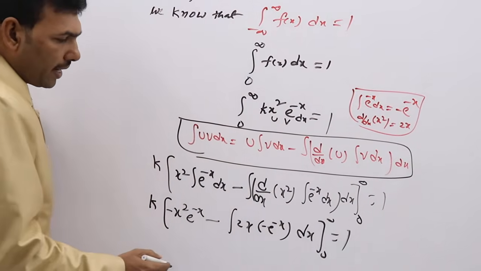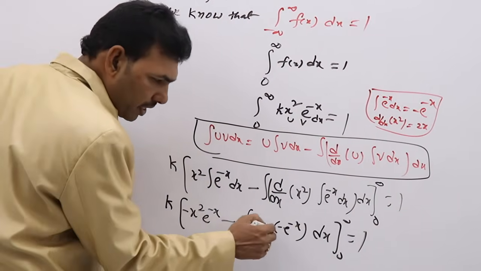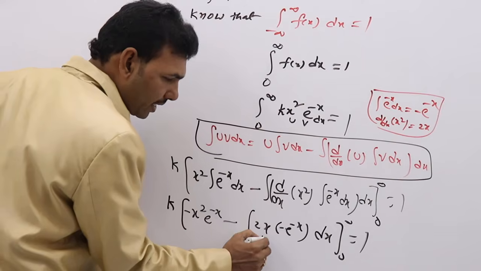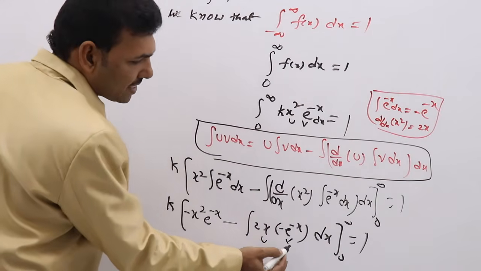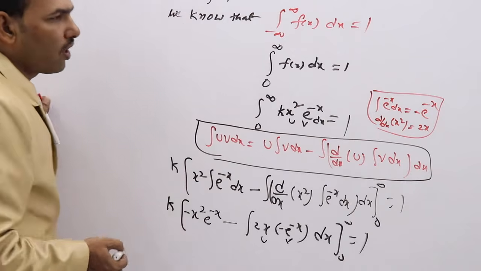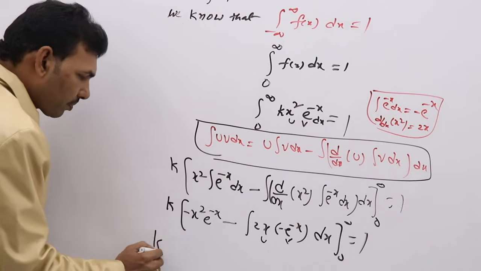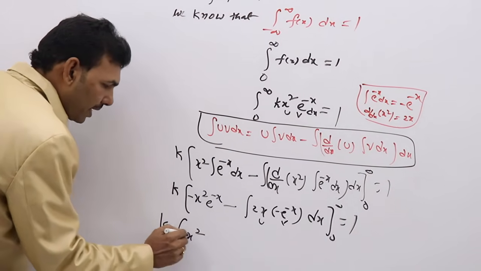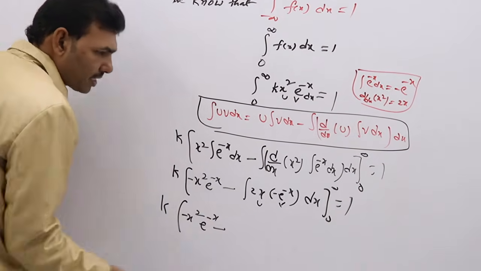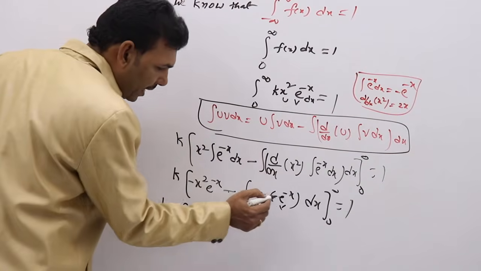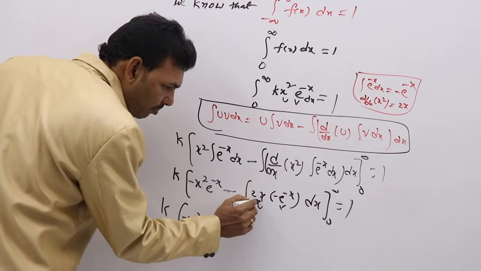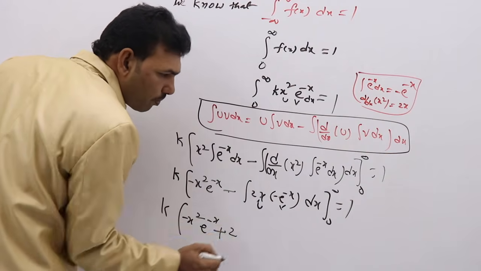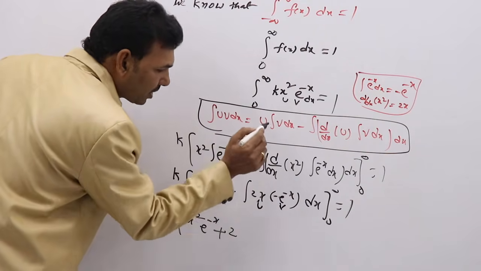Coming to here, again you have x e power minus x, so by taking x as u and e power minus x as v, again using this formula, what you will get? K times minus x square e power minus x, minus into minus plus, that 2 I am writing here. I am treating x as u and e power minus x as v. Again I am applying this one.